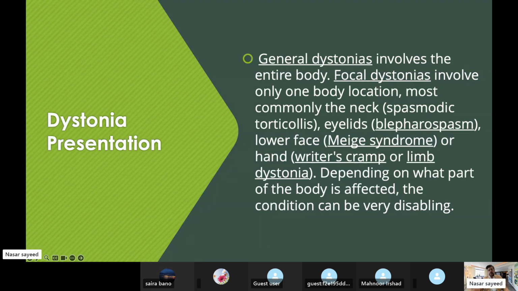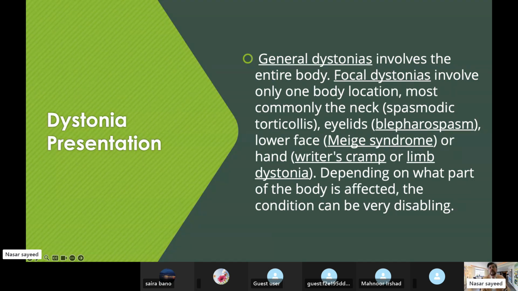I have seen at least 10 to 12 patients under my care with focal dystonia. Nothing was happening except for the blepharospasm. He was not able to open the eyes, and there is frequent twitching of the eyes. I have seen it and he came to me, which means it was common.